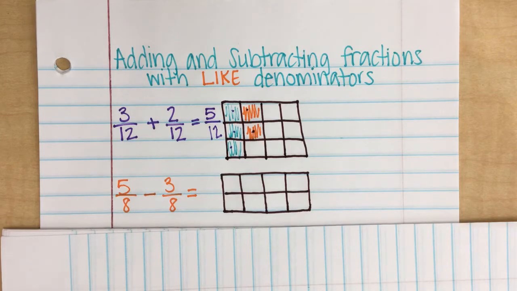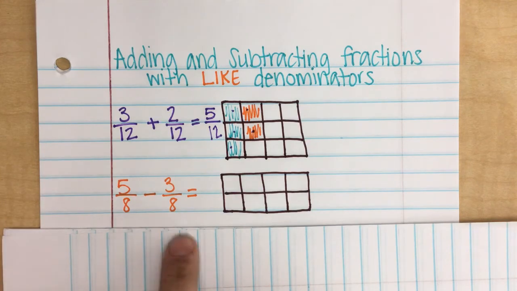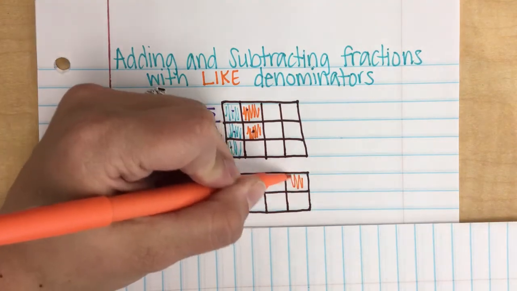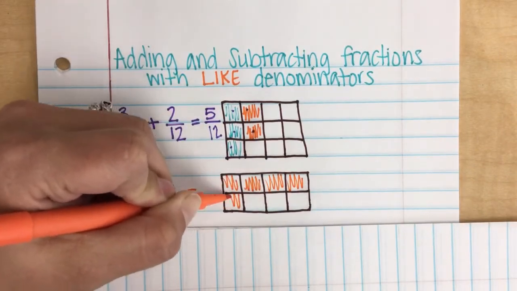Now when I am subtracting fractions, I find it easier when I'm using a model. I'm going to use a lighter color first. I am going to illustrate using the model my first fraction. So I have 5/8. So 1, 2, 3, 4, 5.